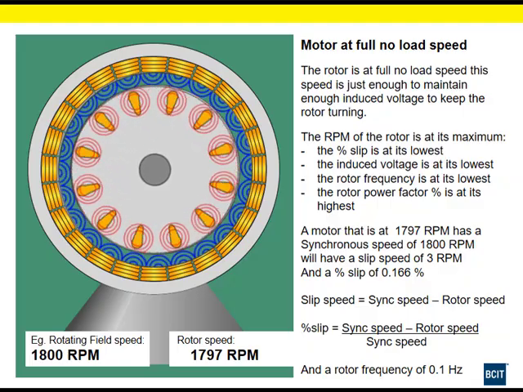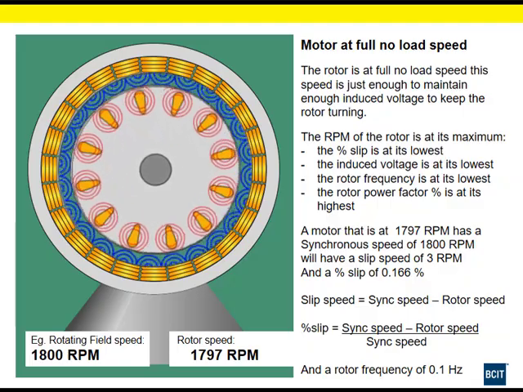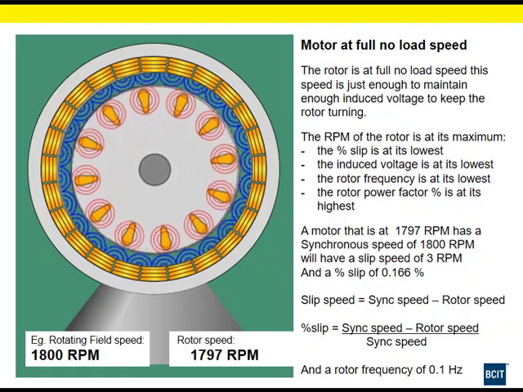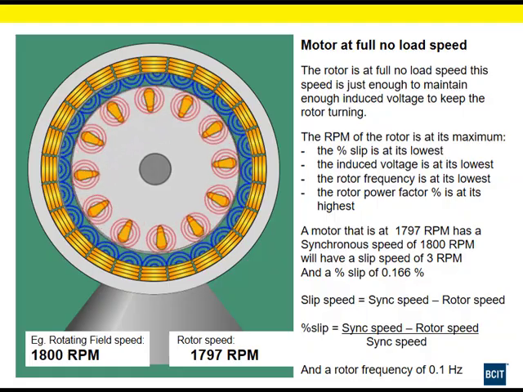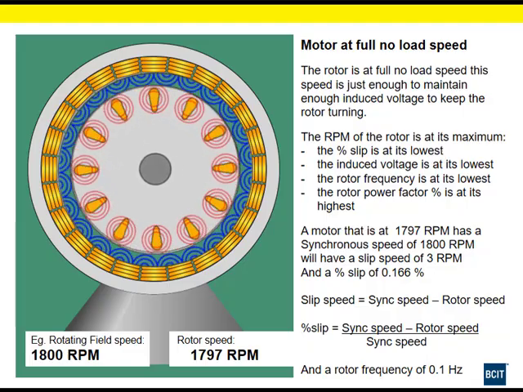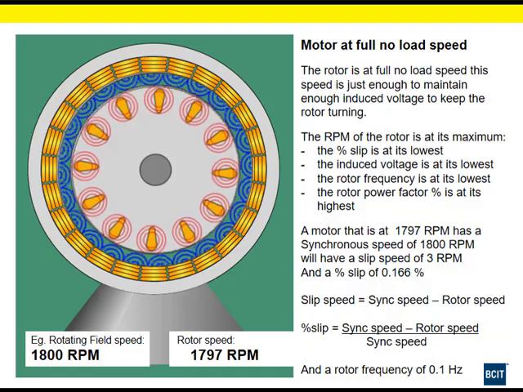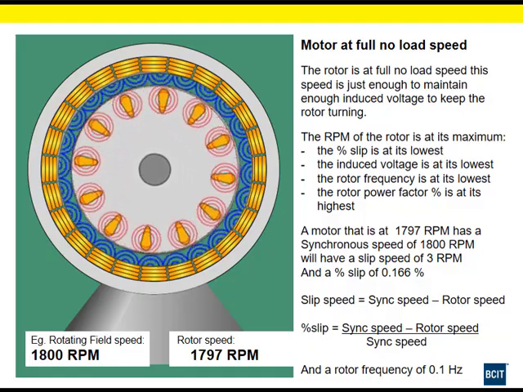Here we have our motor at full no load speed. There's no load or no resistance to rotation, what we also call counter torque on the motor shaft, or very little. The rotor is at full no load speed. The speed is just enough to maintain enough induced voltage to keep the rotor turning.